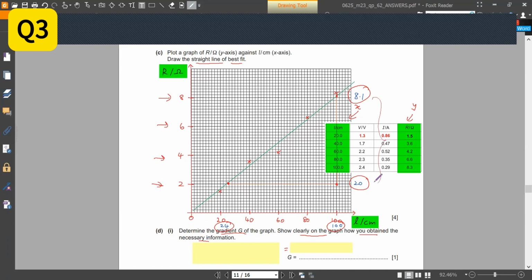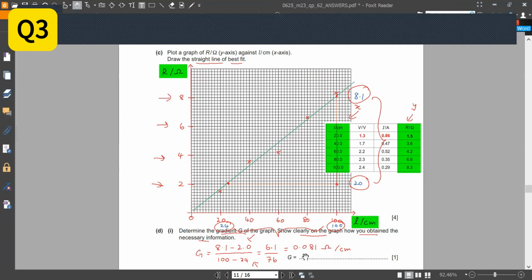So the difference in the y-axis divided by the difference in the x-axis. So we calculate accordingly. So finally, that gives us 0.081 ohm per cm. So that's the gradient that we have.